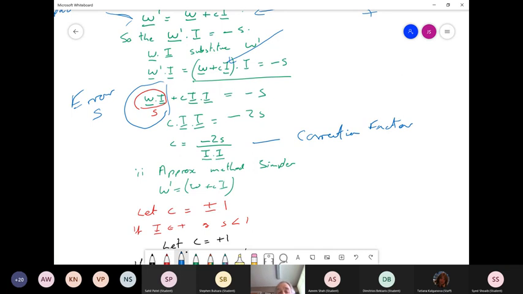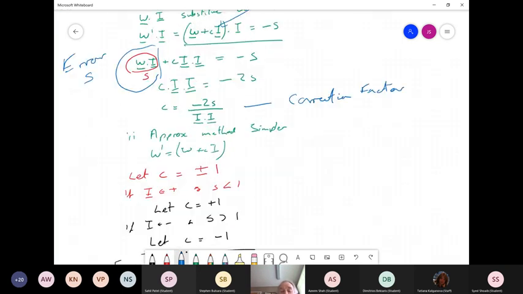It would give some very complex fractional numbers and would be difficult to implement by pencil and paper. So if you were asked to explain how the training works in an exam condition, then instead of using this, I've given you a simpler approximation method, which is the same update factor, but instead of having a variable c, we are letting the correction factor be plus or minus 1.